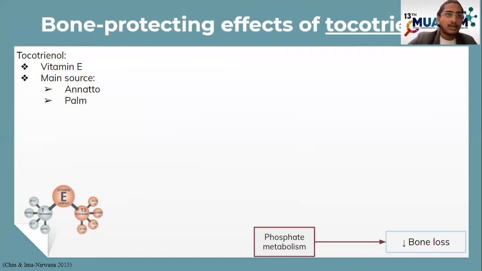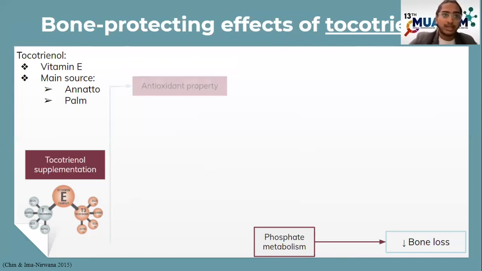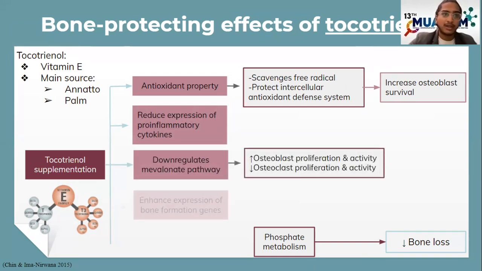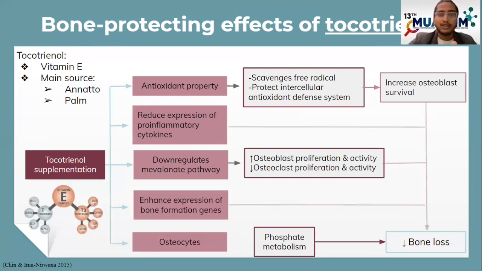So they have antioxidant property and reduce expression of pro-inflammatory cytokine. They also downregulate mevalonate pathway and enhance the expression of bone formation gene. So overall, they will reduce the bone loss. But the effect on osteocyte-driven phosphate metabolism is not fully understood. So our study here is focusing on that.